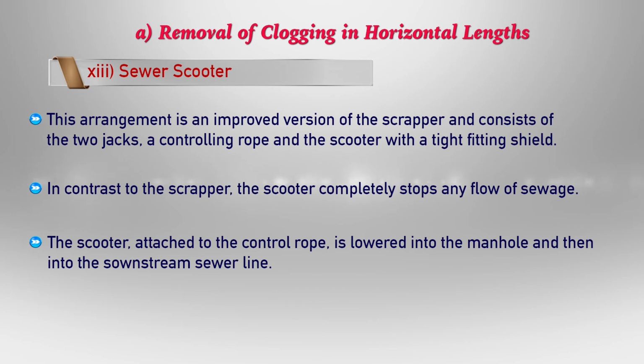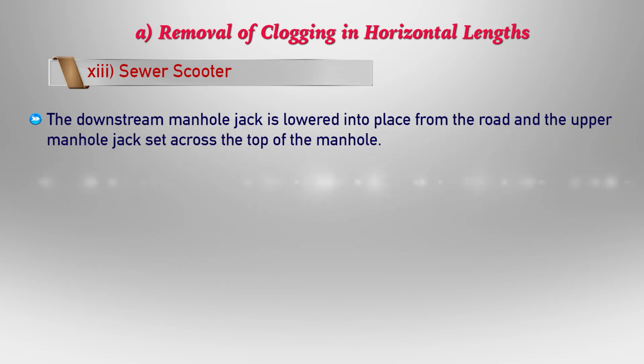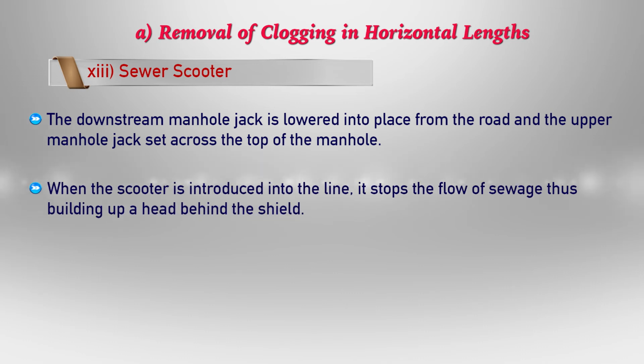The scooter attached to the control rope is lowered into the manhole and then into the downstream sewer line. The downstream manhole jack is lowered into place from the rod and the upper manhole jack set across the top of the manhole. When the scooter is introduced into the line, it stops the flow of sewage, thus building up a head behind the shield.